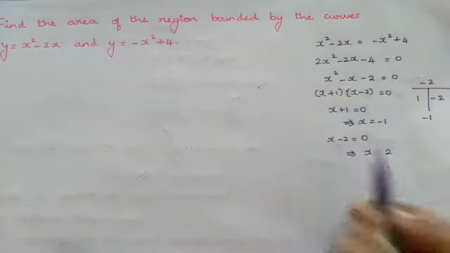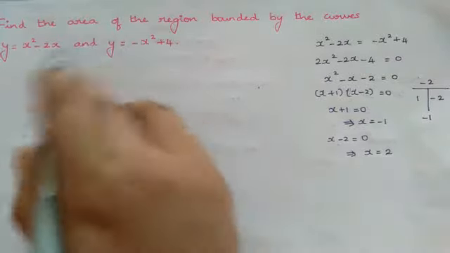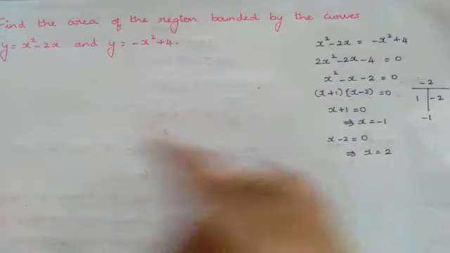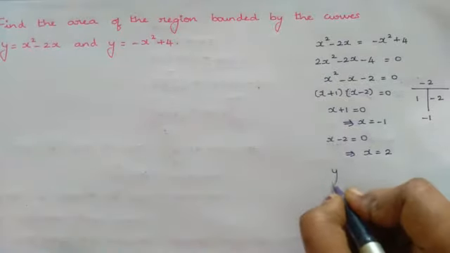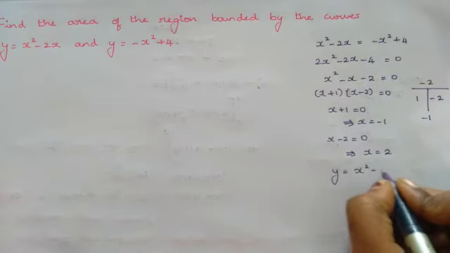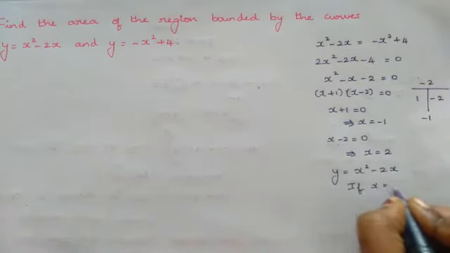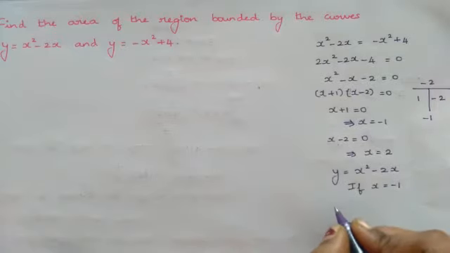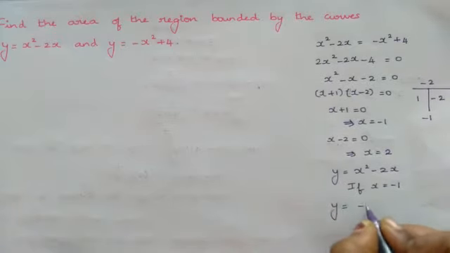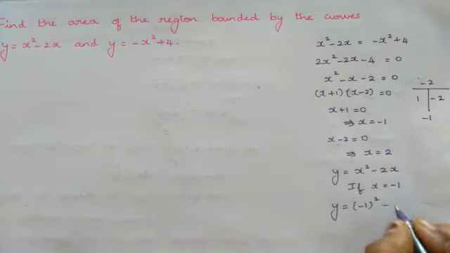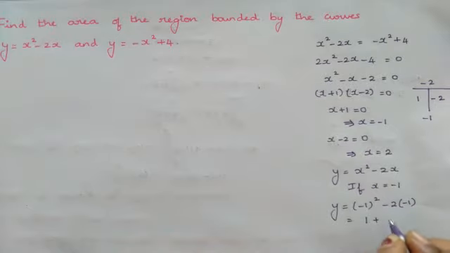Substitute x equals minus 1 in the first equation, y equals x squared minus 2x. Y will be minus 1 the whole squared minus 2 into minus 1, that is 1 plus 2. So y is equal to 3.